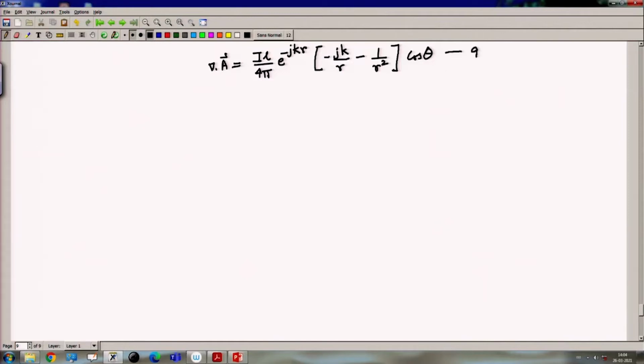We call this equation 9, and then we proceed to calculate grad of divergence A.